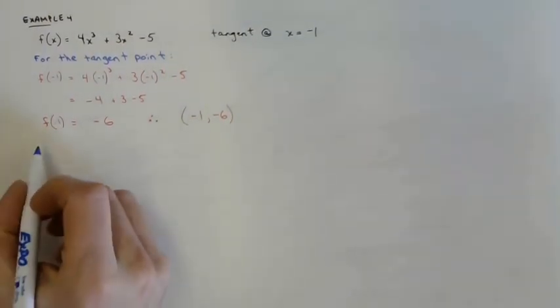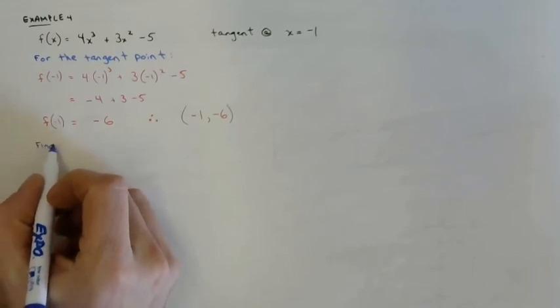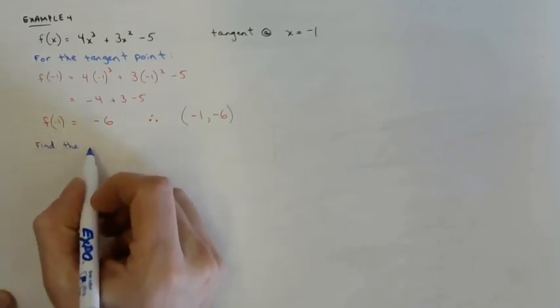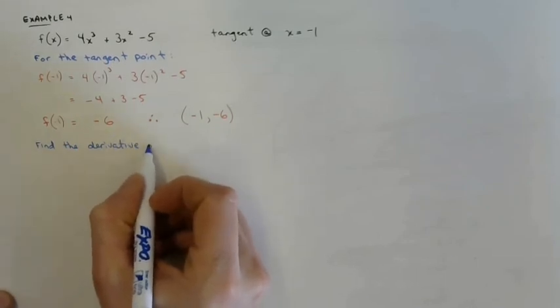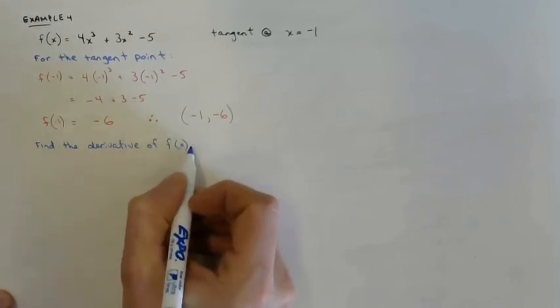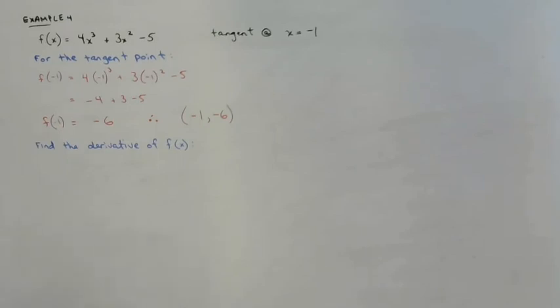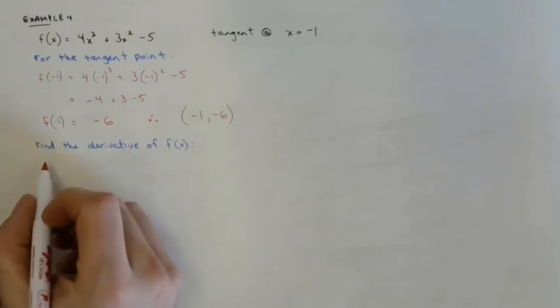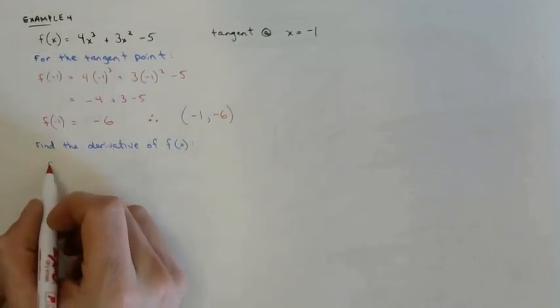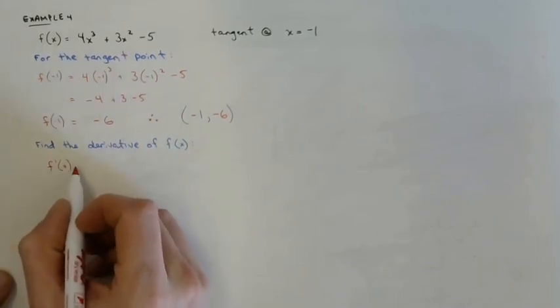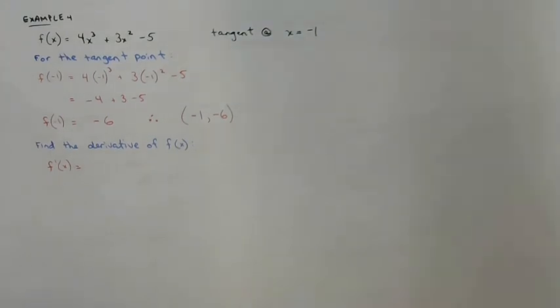Okay, now I'm going to find the derivative of f of x. It's up there. I'm not going to rewrite it. I'm just going to find the derivative right away. So f prime of x, and actually see if you can do it on your own, and then double check your work here.